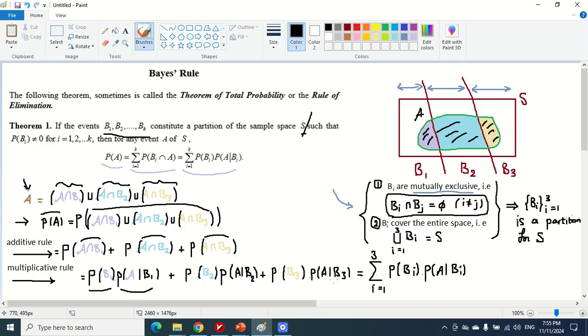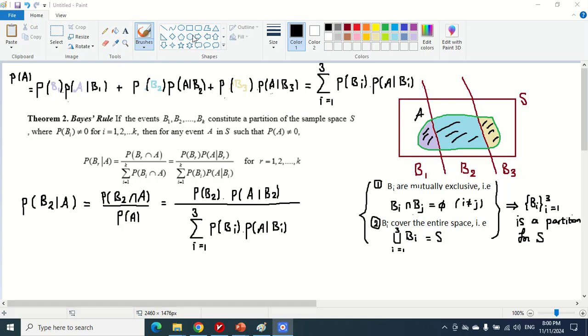So it's true for the remaining parts, and if I just summarize this summation by one symbol, then I reach that formula. This determines the total probability. We need to calculate the probability of an event A as an addition of the probabilities, and it's written based on a condition of A and Bi, as you can see at the end.